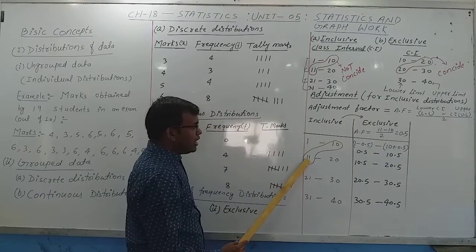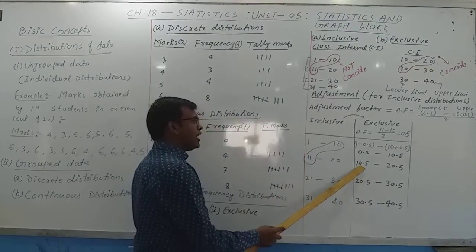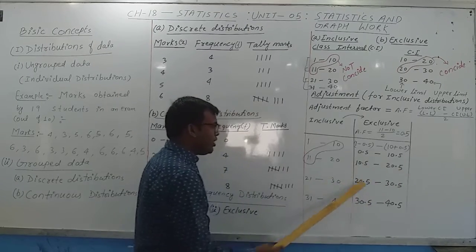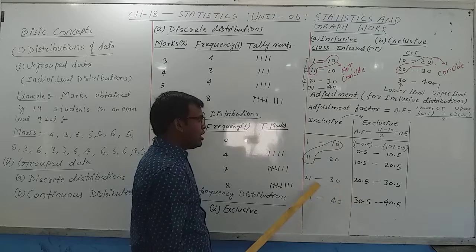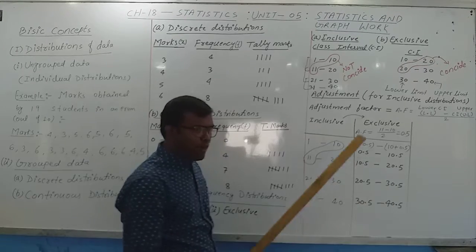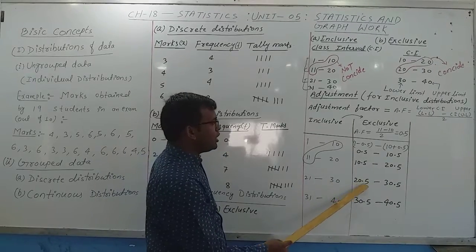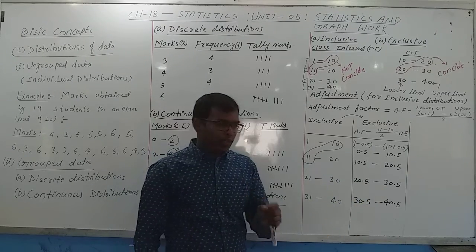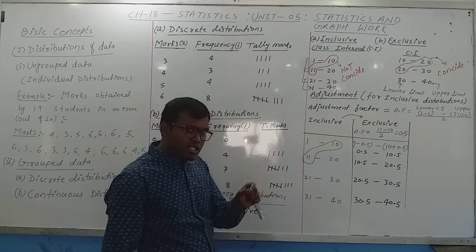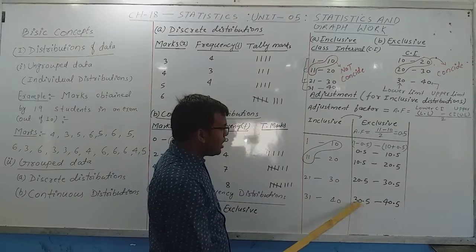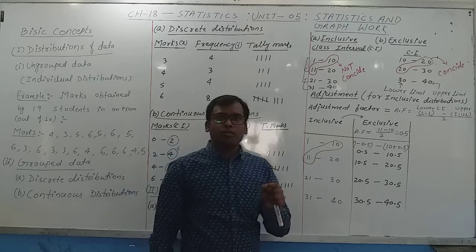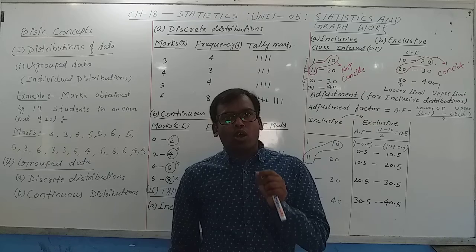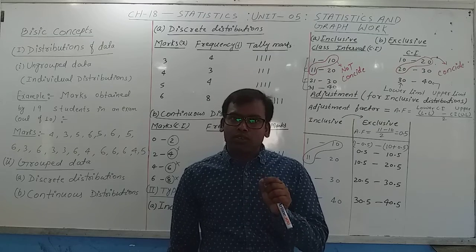In the same way, 11 minus 0.5 will be 10.5. 20 plus 0.5 will be 20.5. In the same way I have done over here, you can see it. Here will be 21. So 21 minus 0.5 will be what? 20.5. And 30 plus 0.5 will be 30.5. In the same way, 31 minus 0.5 will be 30.5 and 40 plus 0.5 will be 40.5. So this is all about the distributions of data.